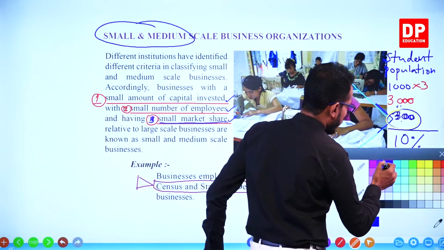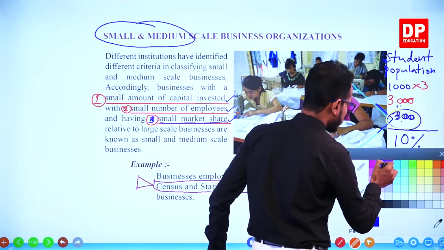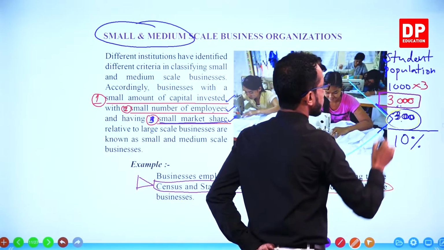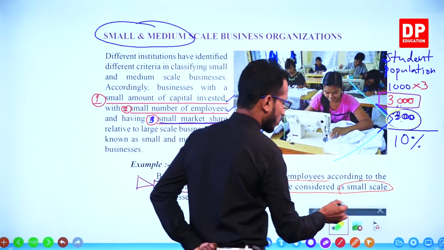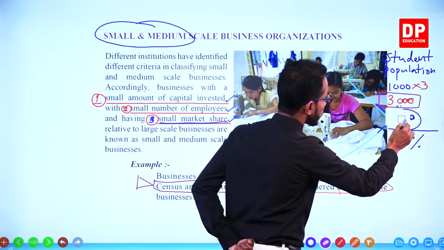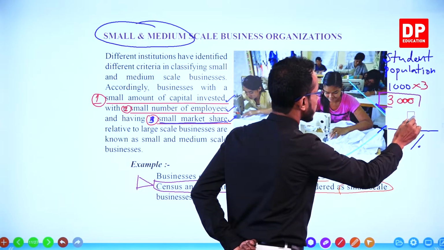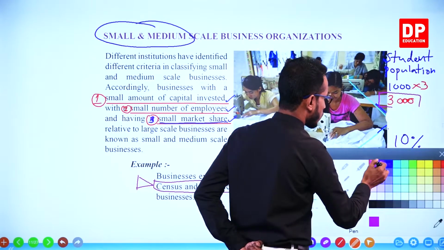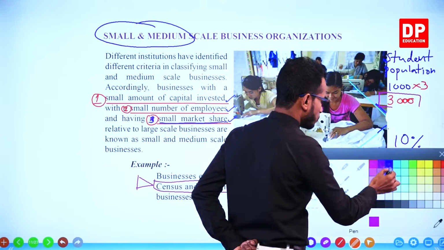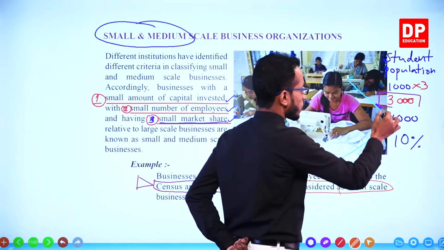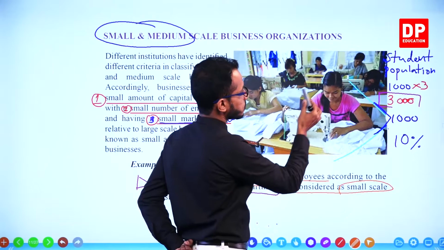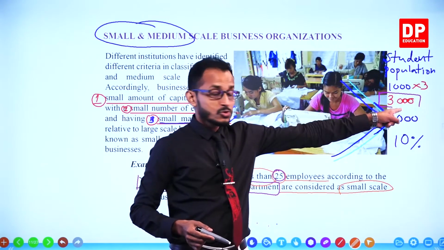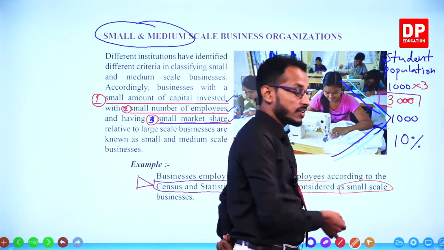But let's say out of this 3,000, you provide not 300, you provide 1,000 from your garment factory. So you are providing 1/3.